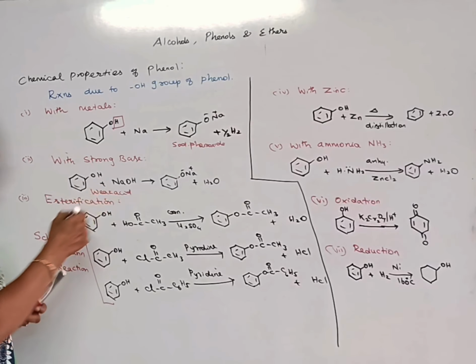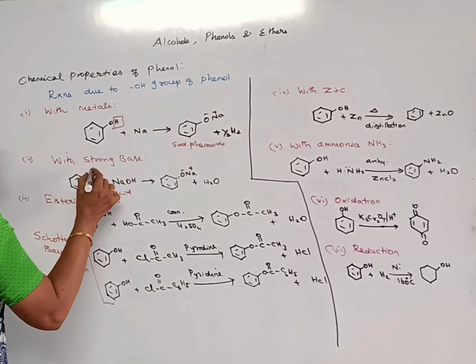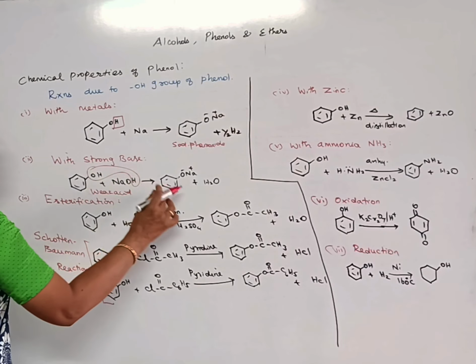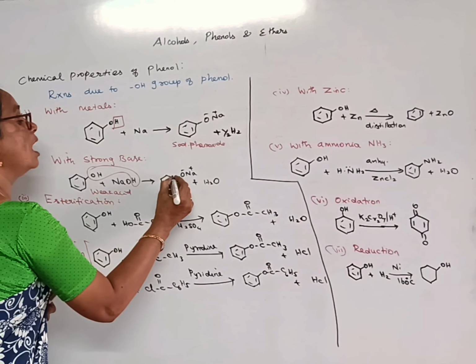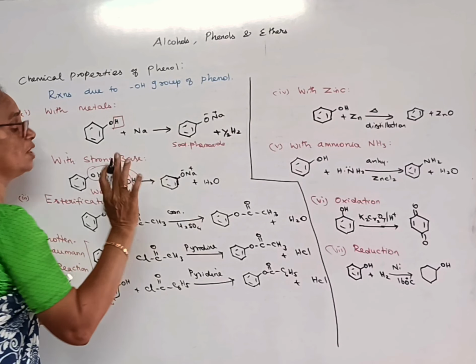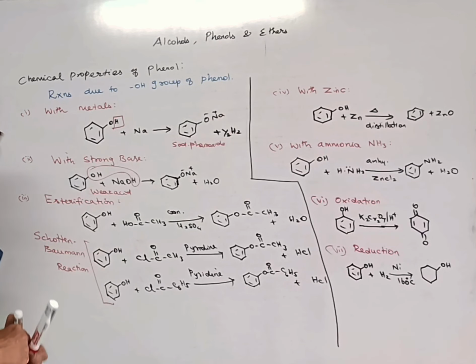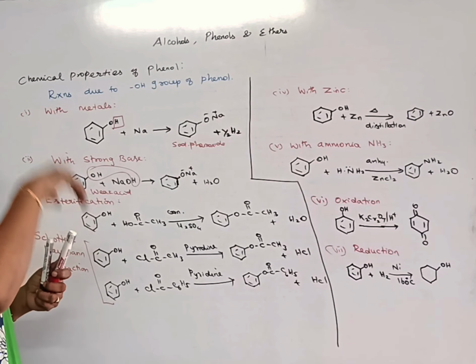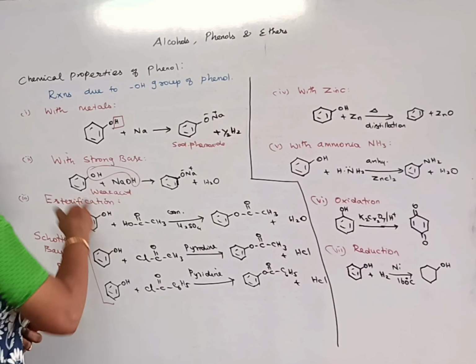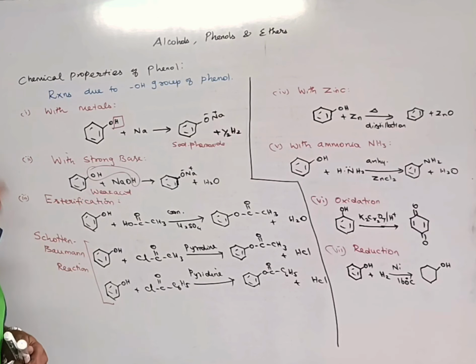The water is formed from the OH and H that are removed. But alcohols do not react with bases; they can react only with metal. They do not react with bases because alcohols are much weaker acids than phenol. That's why alcohols do not react with bases.